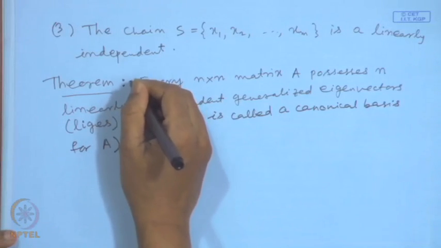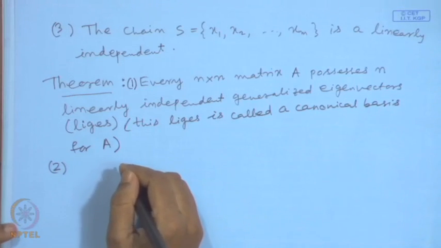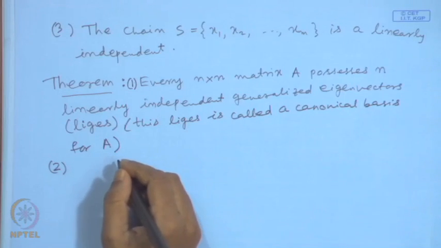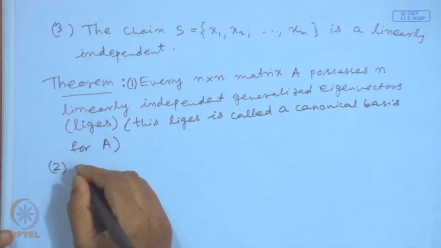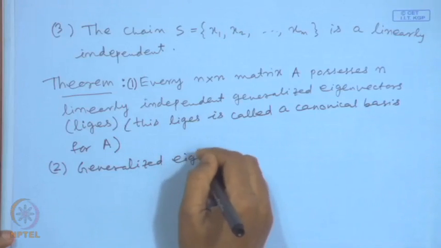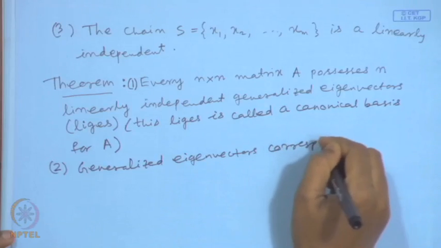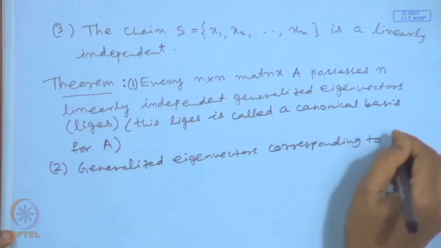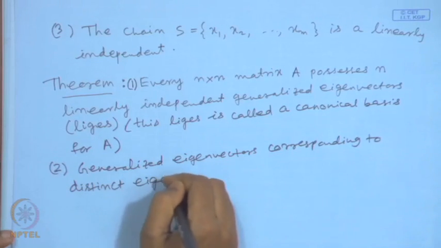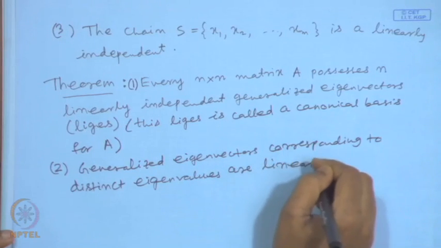So, let us take this as the first result. The second result is like this: generalized eigenvectors corresponding to distinct eigenvalues are linearly independent.